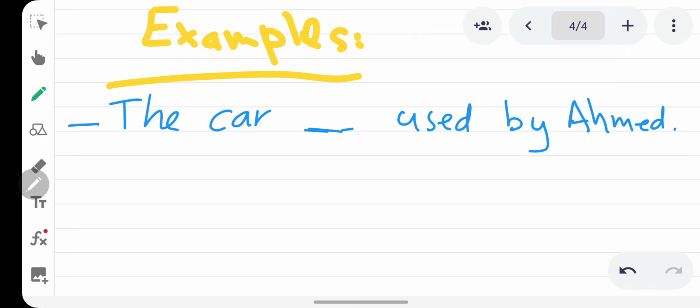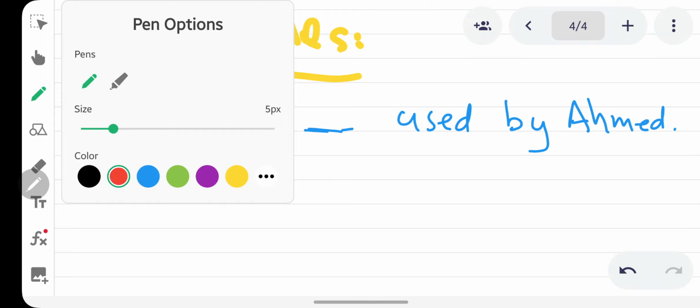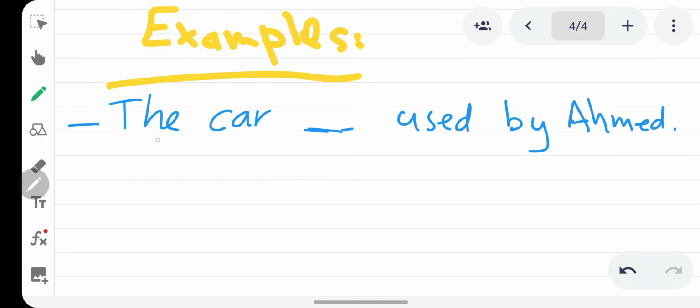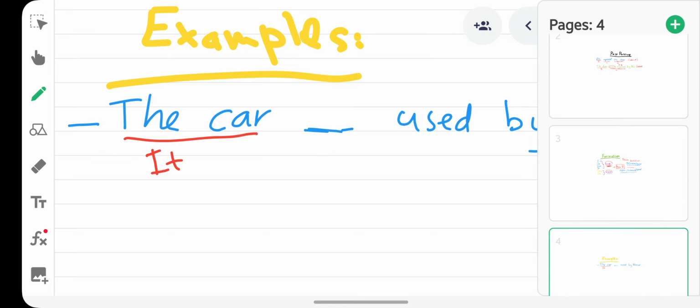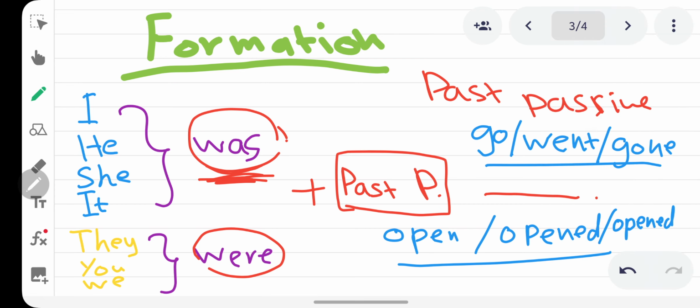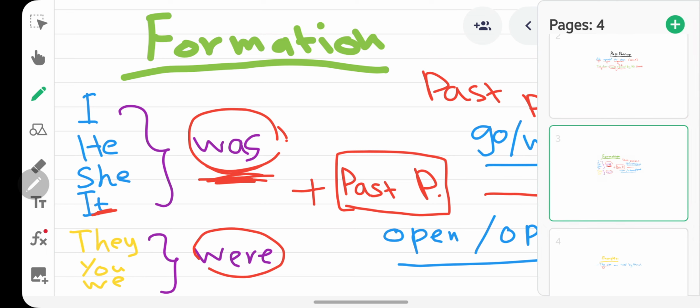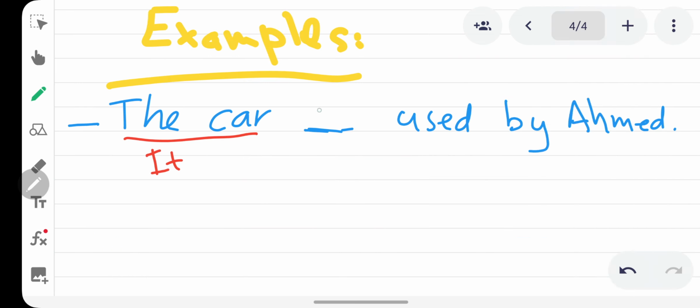Now, what is missing in here? Can you think about it? We have the car. What is the pronoun that replaced the car? The pronoun is it. So if we go back, we talked about this in the formation. With it, we need only was. So you can write here was. So the car was used by Ahmed.